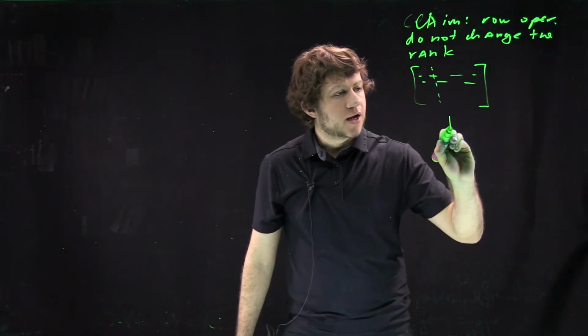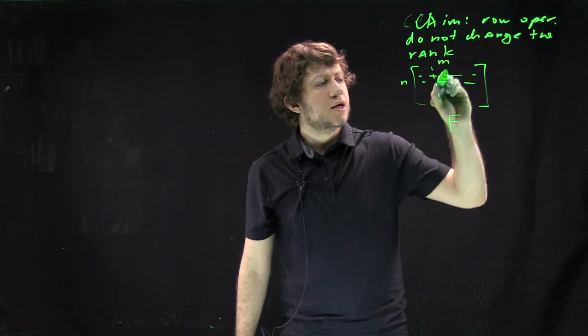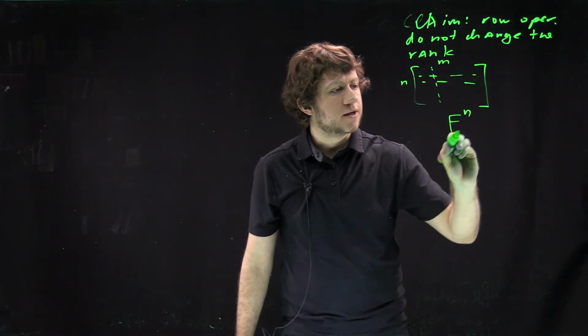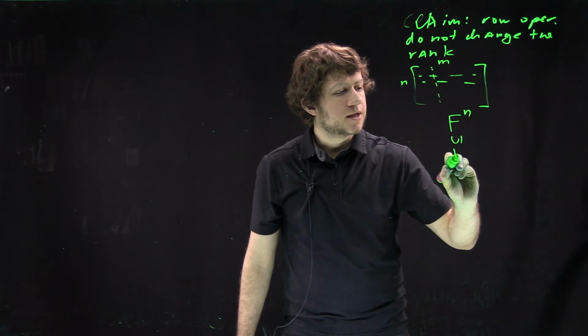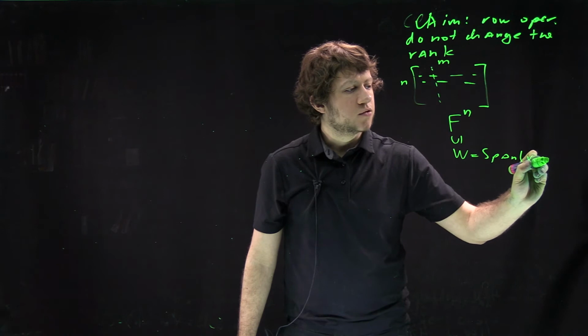So let's suppose we have this vector space. This is an n by m matrix, and let's suppose we have this vector space Fn, and then inside it we have W, which is the span of v1 up to vn.